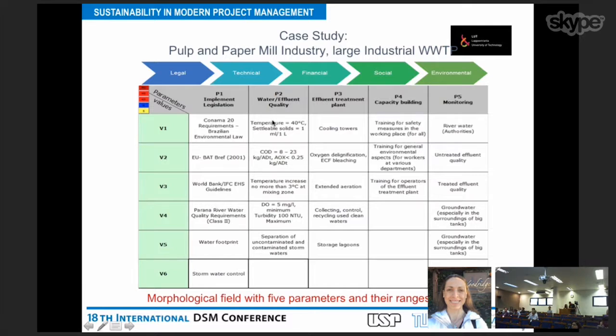What are the real technical aspects in the water quality of the effluent of the plant? In financial aspects, we have to deal with what measures need to be taken or invested in, for example, installing cooling towers, or investing in the wastewater treatment plant. So moving forward with capacity building and monitoring in the environmental aspects.